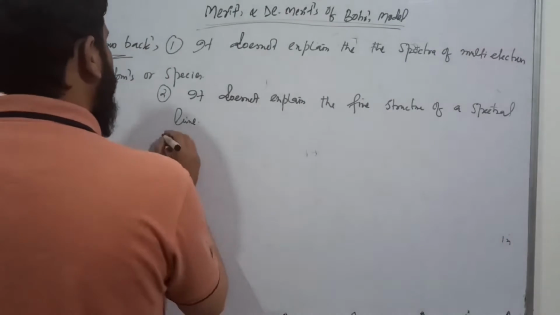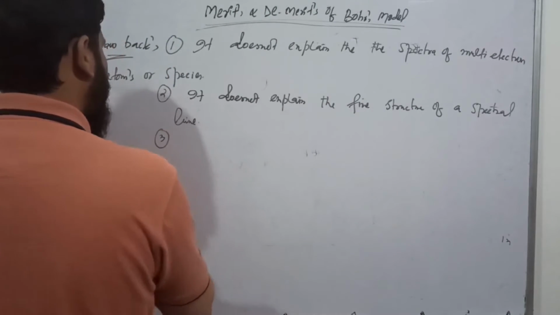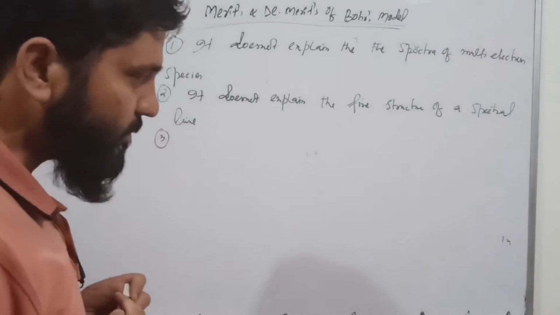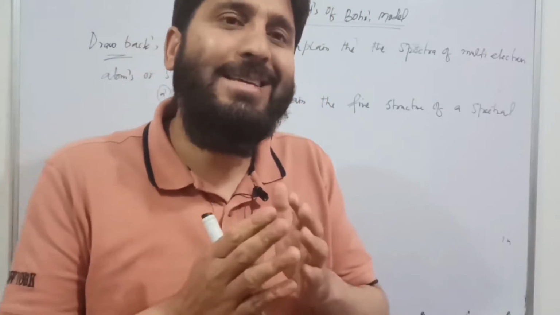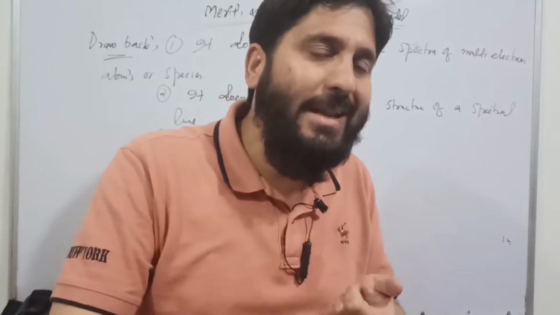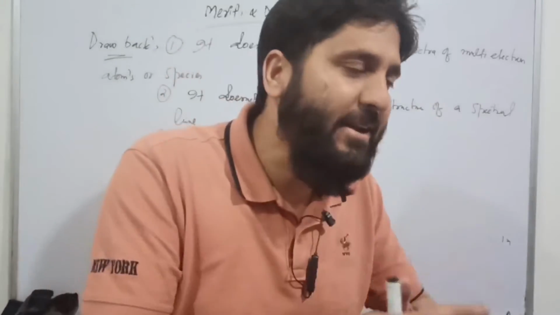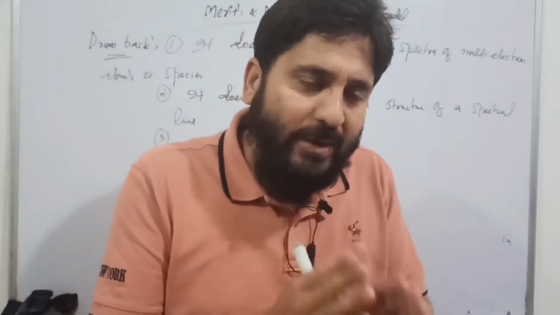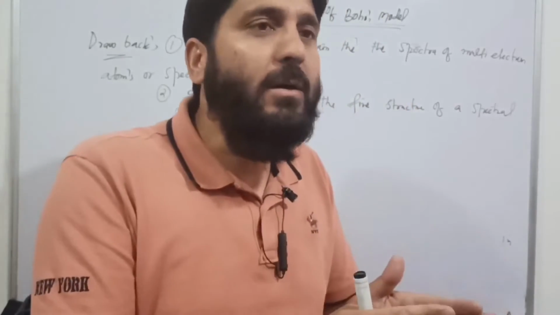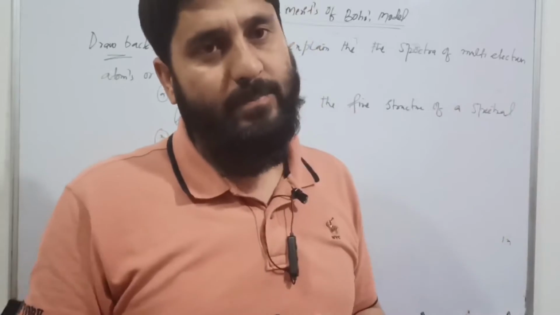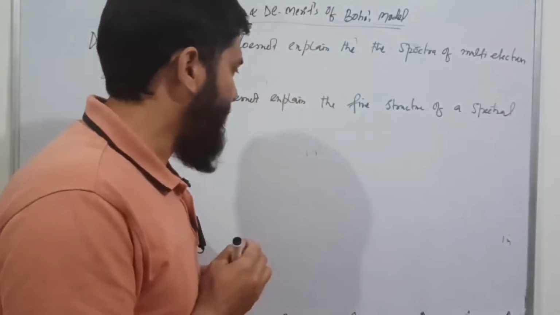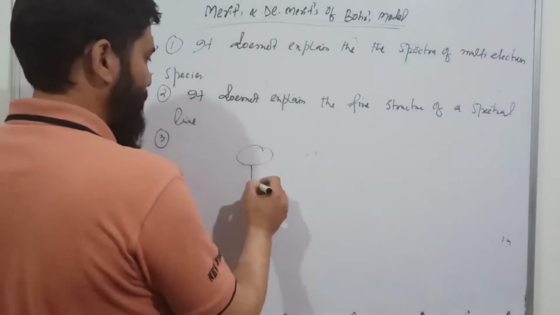Third जो इसका limitation था, third limitation: when the source emitting these spectral lines was placed in electric or magnetic field, these spectral lines split or dispersed into a number of lines. क्या किया गया? मान लीजिए ये source है आपका.